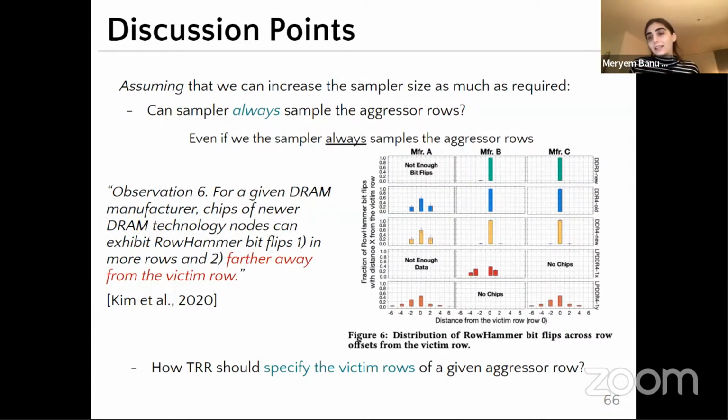But again, they don't explain how they vary the parameters. Do they look at every combination of these parameters? Because I think you have 512 rows per subarray, and you can increase the aggressor row count to 20, 30. And if you take all the combinations of locations, for example, I guess you will have a lot of test cases.